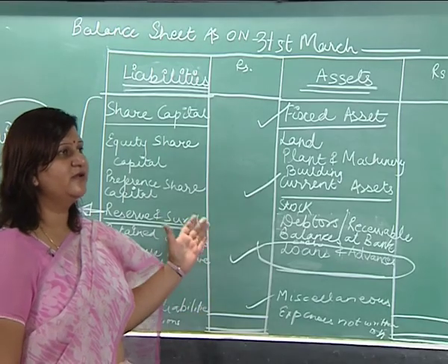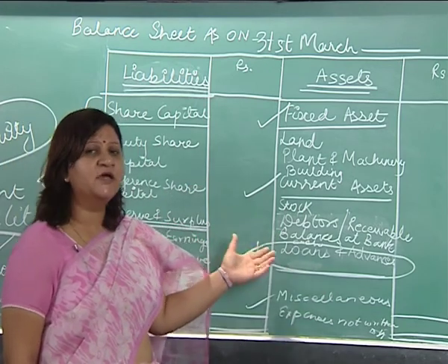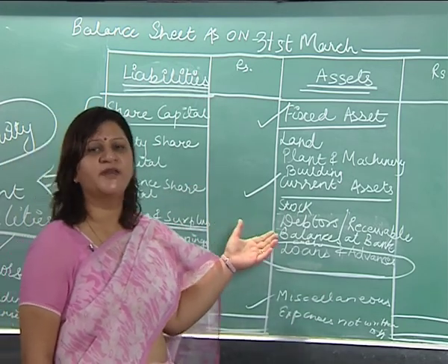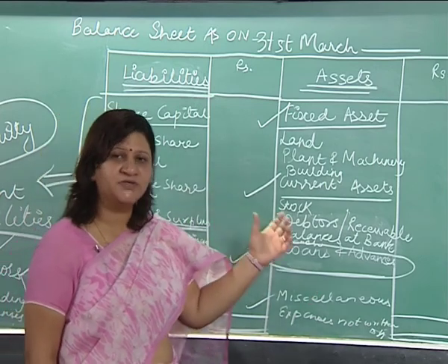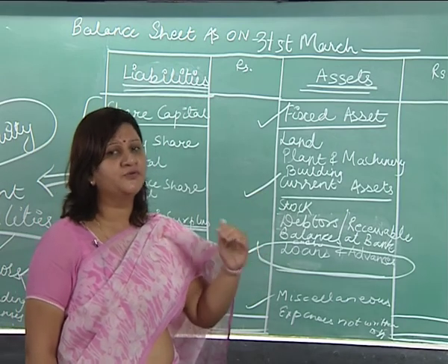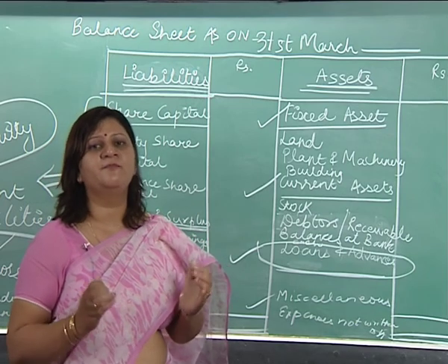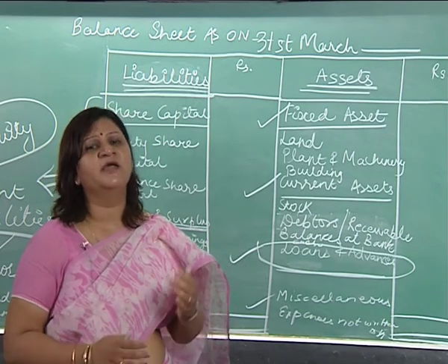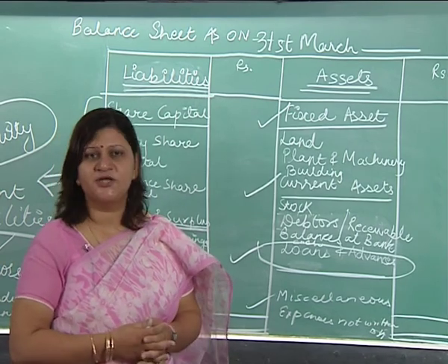So with this we have learned how a balance sheet is prepared for the projection of our financial data, and this will be based on forecasted data because it's a very important tool for financial planning, by which we can ascertain the position of the company in terms of its resources and their utilization.